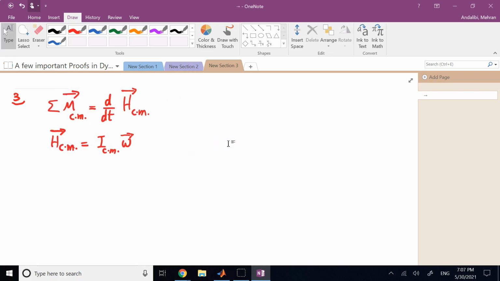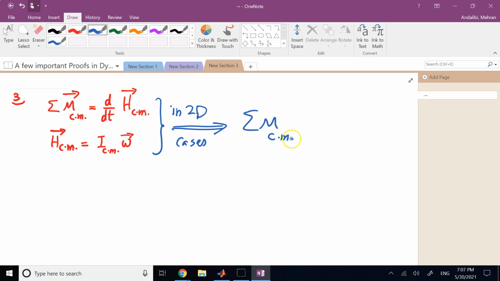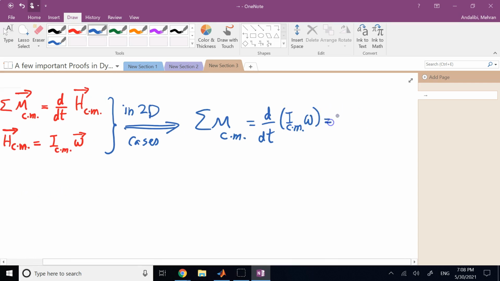So if I have this, as I told you, then in 2D cases I can write it as summation of the moments about the centroid is equal to, if I plug in I_CM times omega, and this I_CM does not change with respect to time, then it is going to be I_CM times alpha.